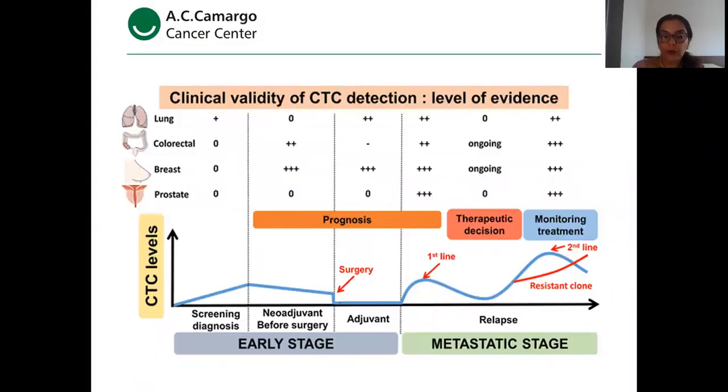We all know that circulating tumor cells are established for prognosis for solid tumors, but there is a gap in the literature in relation to therapeutic decision. There are some ongoing trials trying to solve this question, if we can use circulating tumor cells as a biomarker to take clinical decisions.